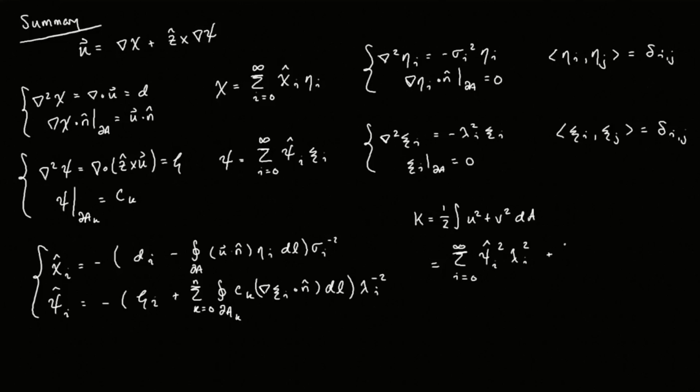Plus the sum over j, 0 to infinity, chi hat j squared, sigma j squared. Okay, so that's what we had for the kinetic energy.